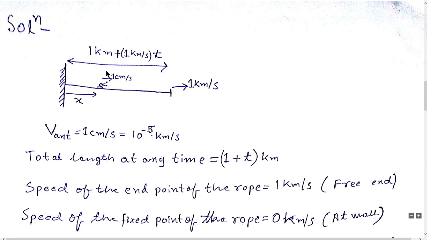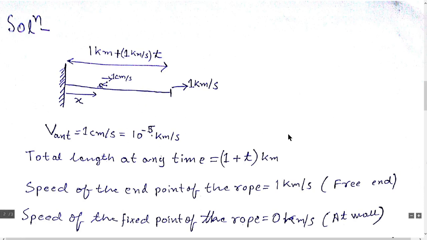We have assumed that the ant has traveled a distance x from the wall. The ant's velocity we have taken as the symbol v_ant, which is 1 centimeter per second. We have converted it to kilometers: 10 to the power minus 5 kilometer per second.